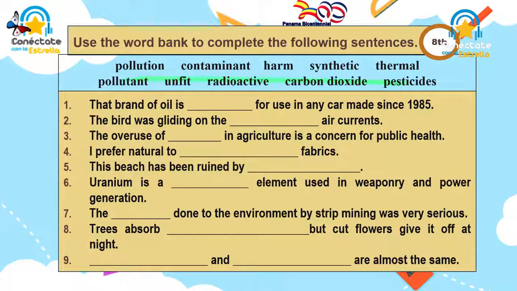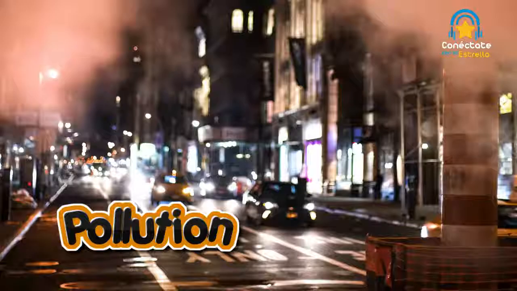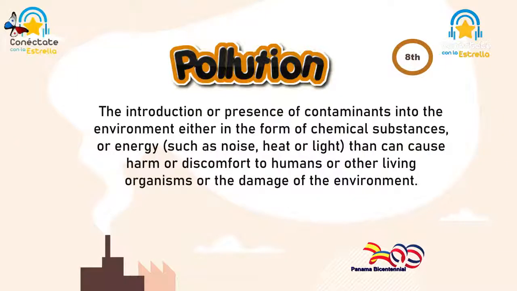Artificial or synthetic substances such as pesticides, natural substances such as carbon dioxide. The complicated word. Yeah, the complicated word. And that's what comes out of the car, right? Okay. Then we can classify pollution in two categories. All right. The first one is the type of pollutant. Okay.